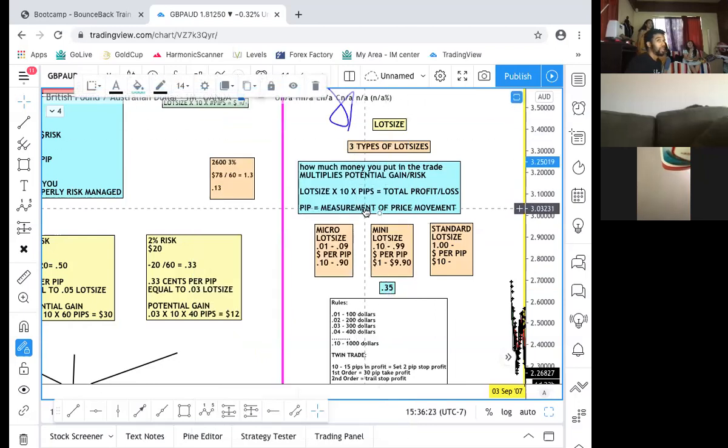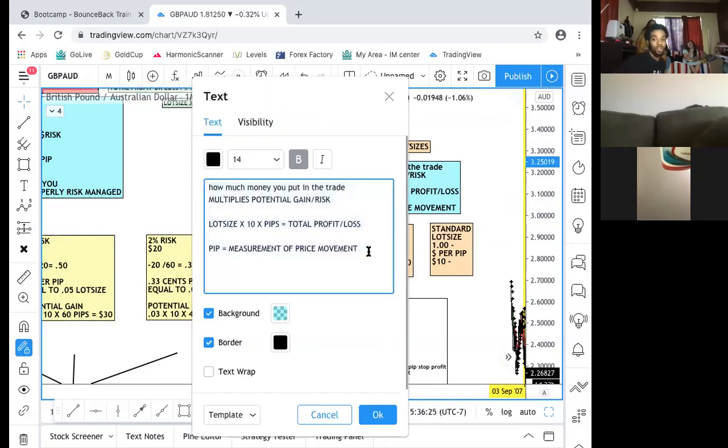The formula, I'm gonna type it right here just so we have it, is going to be lot size times 10 equals money per pip.